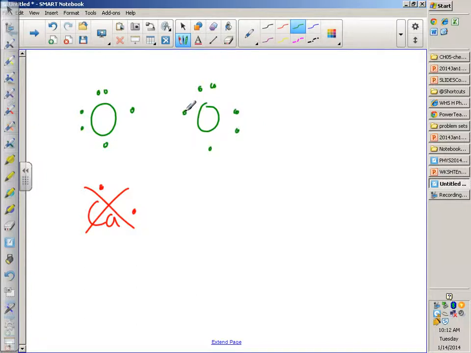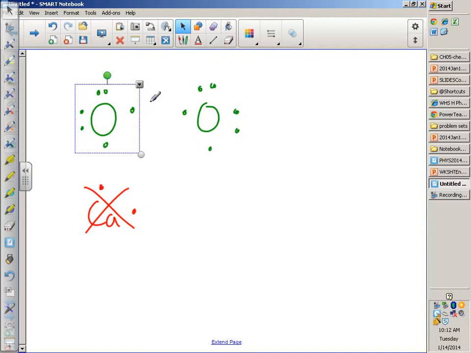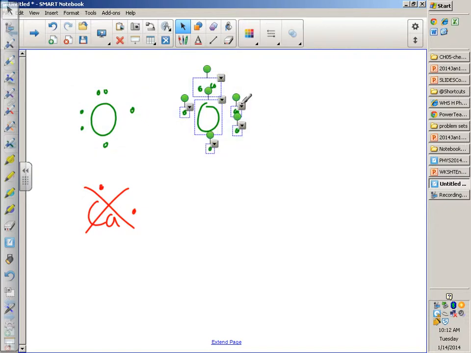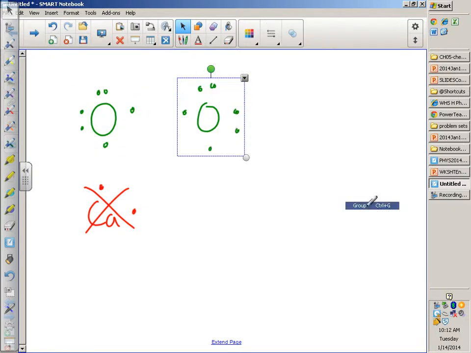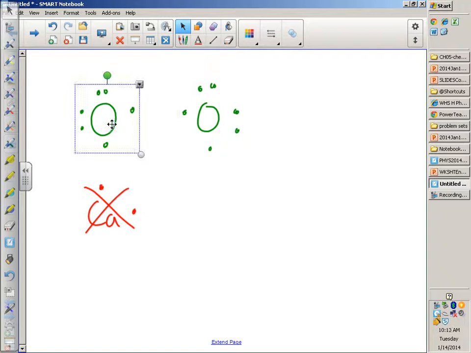Okay? So, this oxygen, right? Oh, let's group this. Oh, that's already grouped together. Look at that. This oxygen, right? So, oxygen on the left, it's looking to do what? Gain 2 electrons. Oxygen on the right, gain 2. Does this oxygen want electrons more than this oxygen?